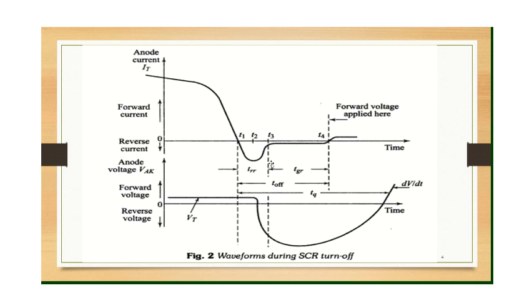So the reverse recovery time depends on how much anode current there is, and also, the second point, at what rate it is decreasing. The reverse recovery charge of the thyristor depends on the magnitude of the forward current just before the turn off condition and the rate at which it is decreasing. That will give us the total time for turning off the device.